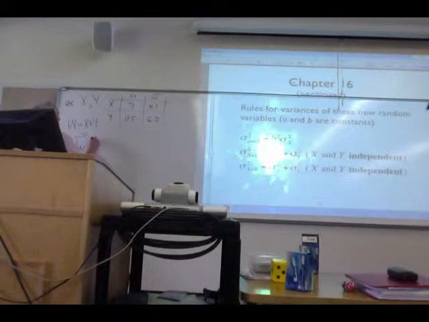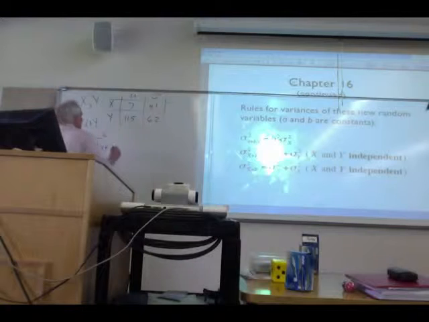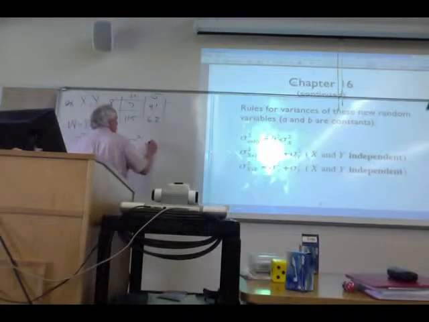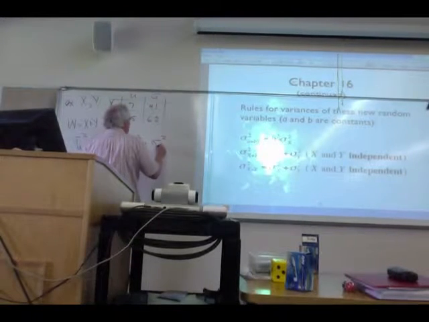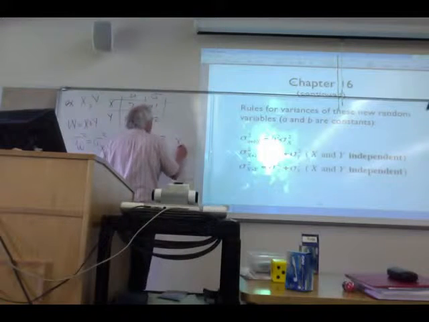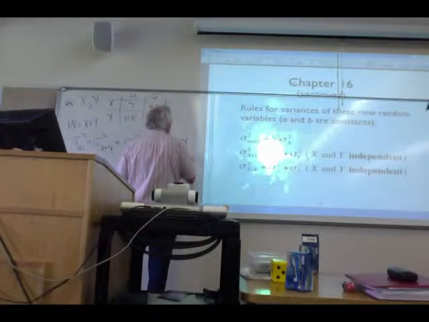Well, w is nothing more than the sum of x and y. Now let's assume that x and y are independent. That's the variance of x plus the variance of y. So here I'm assuming x and y are independent.